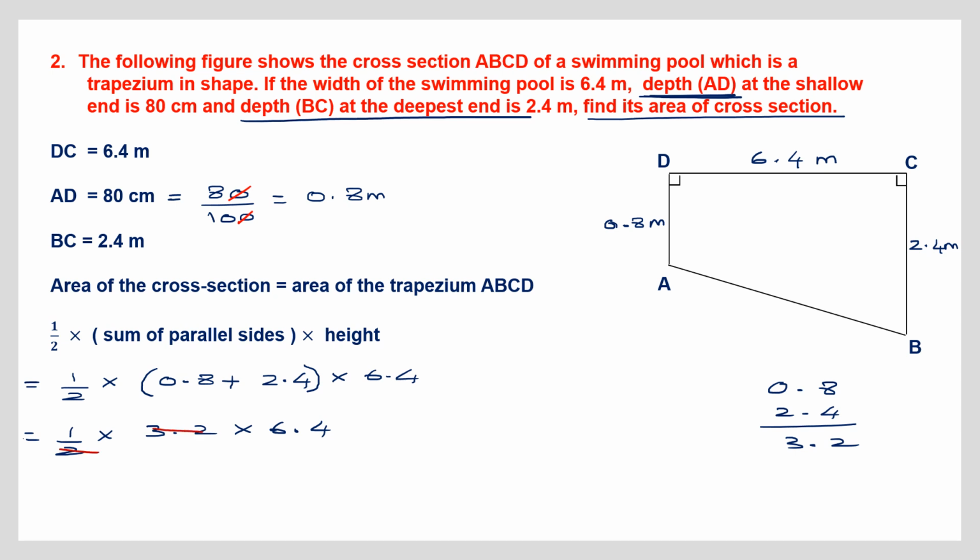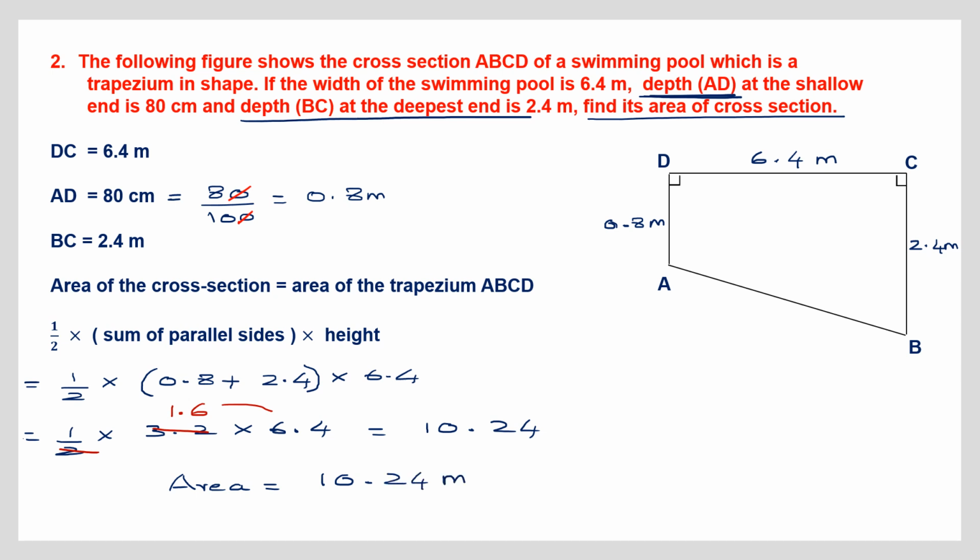So 2 into 1.6 makes it 3.2. Now we can multiply these two. So when we multiply, we get 10.24. So we have found the area of the cross section, and that is 10.24 square meters or meter square. So this is our final answer.